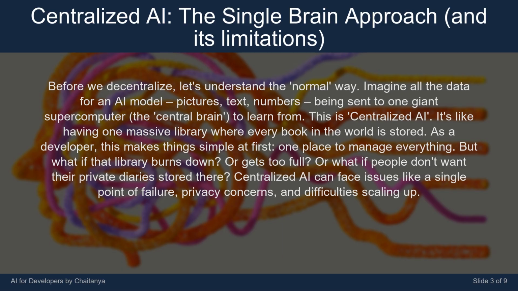As a developer, this makes things simple at first. One place to manage everything. But what if that library burns down? Or gets too full? Or what if people don't want their private diary stored there? Centralized AI can face issues like a single point of failure, privacy concerns, and difficulties scaling up.